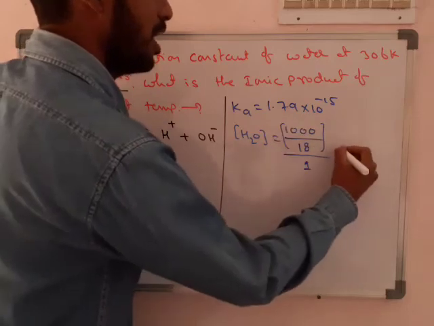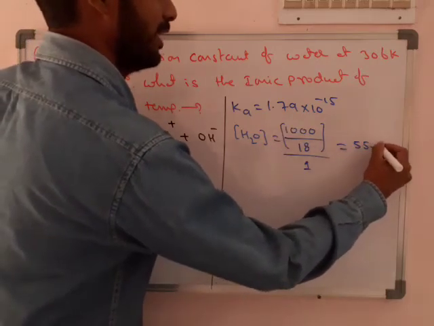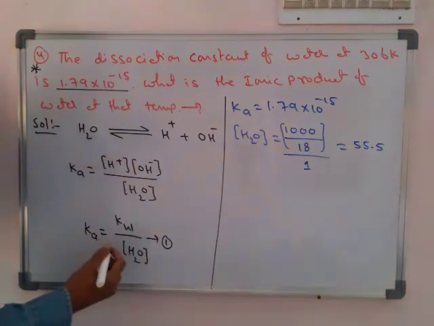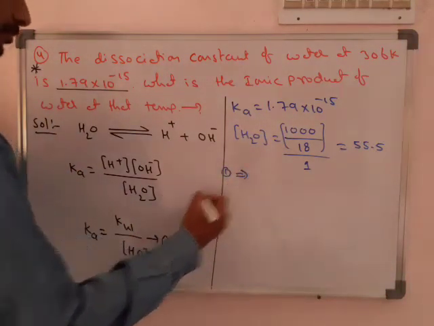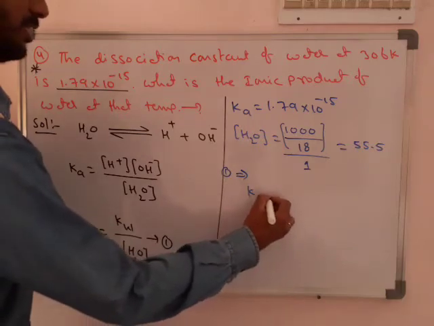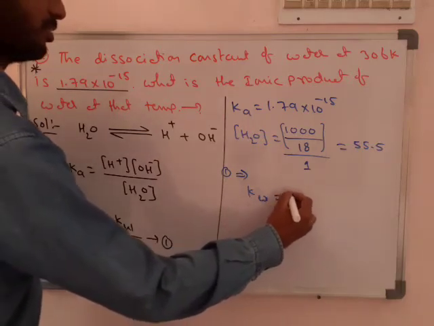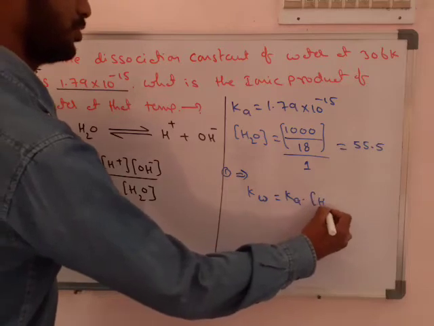Okay, number of moles. On this overall calculation we will get 55.5. Now substitute all these values in equation 1. So I am changing the equation 1 as Kw is equal to K into H2O.